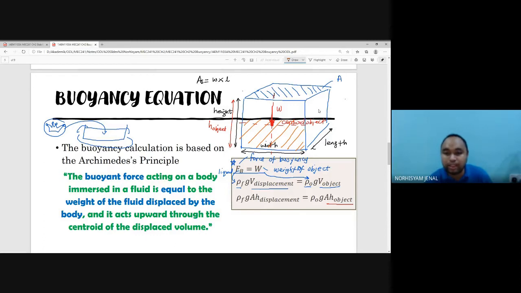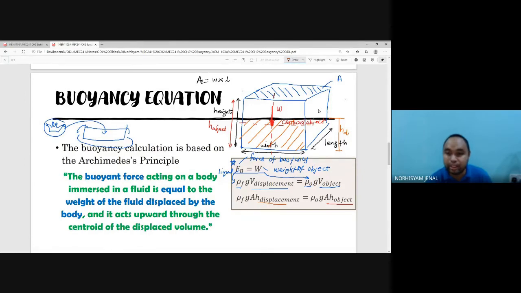H displacement is the distance from the bottom of the body to the surface of the liquid, the submerged part. We only calculate the height from the bottom of the plate or body up until the surface of the liquid. That will be HD, H displacement.